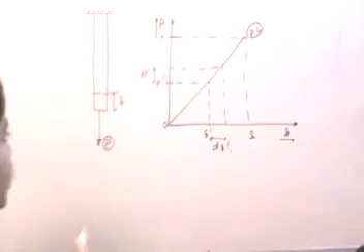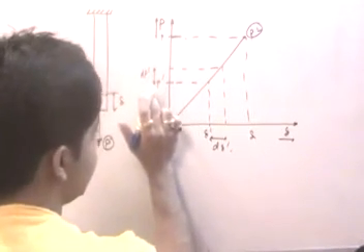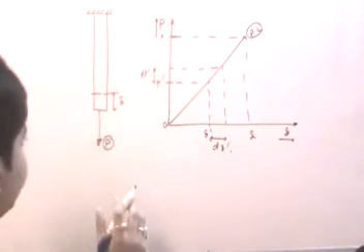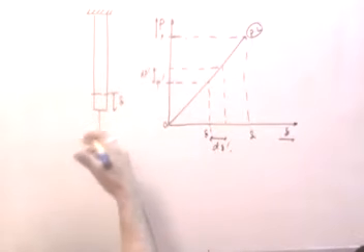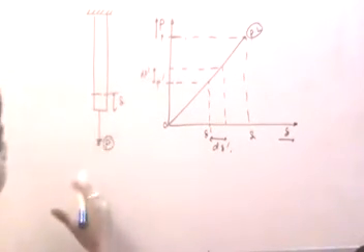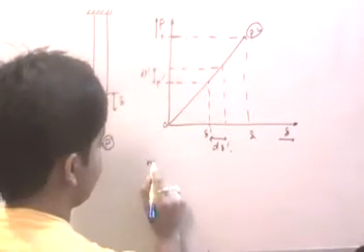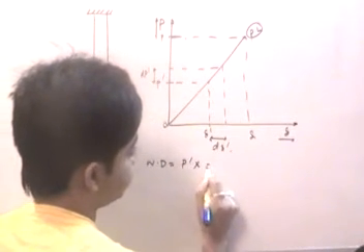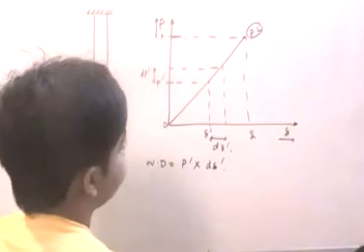Essentially the work done by this force P dash to produce the displacement d delta dash will give me the work done that is stored in the form of potential energy on the body, that is the strain energy. So work done is equal to P dash into d delta dash.